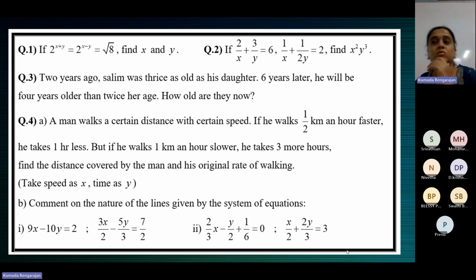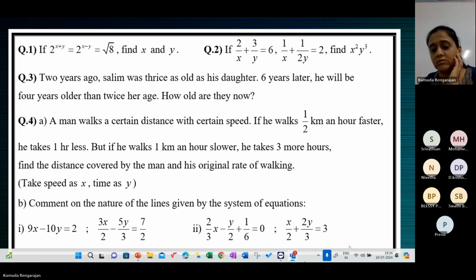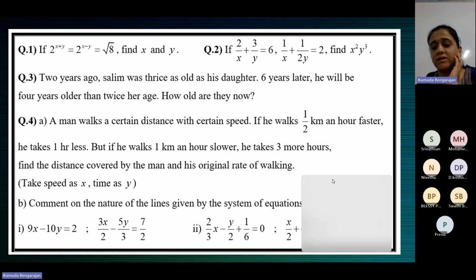For the first one, what are the values of x and y? Has anyone online completed the answer?